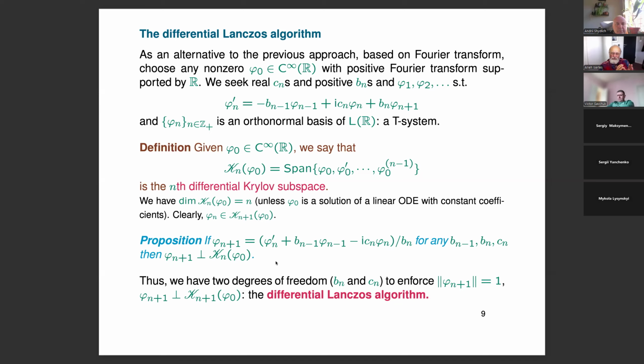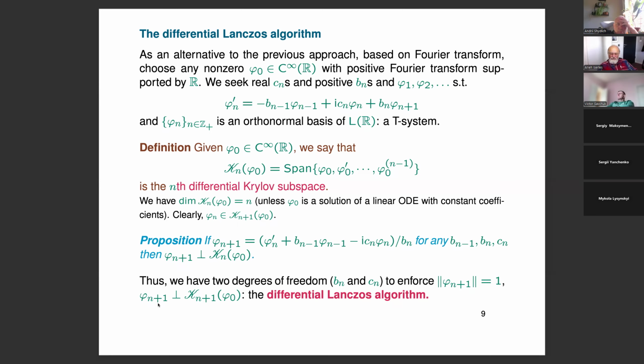So we have 2 degrees of freedom left, Bn and Cn, and we want to enforce using them 2 conditions. One is that phi n plus 1 is orthogonal to Kn plus 1, so it should be in Kn plus 2, and it should be of norm 1, because it is an orthonormal basis.